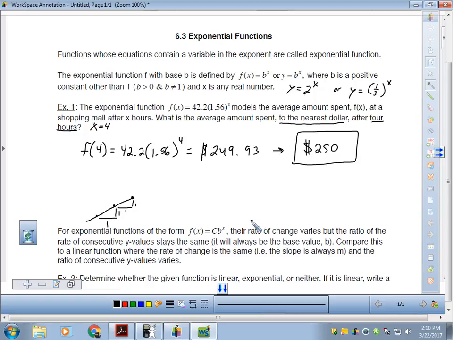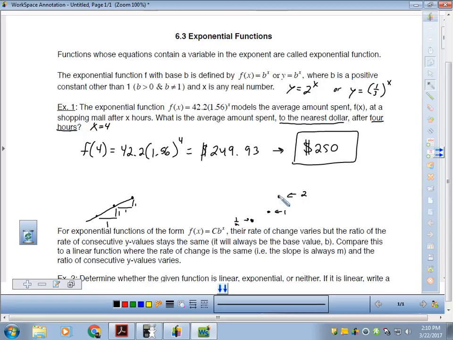Exponential functions, on the other hand, don't do that. As an example, here, this y value might be at 1/2, and then this one's at 1, and this one's at 2. Going from 1/2 to 1, that's going up by 1/2.